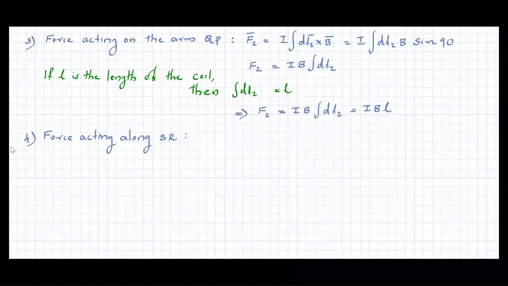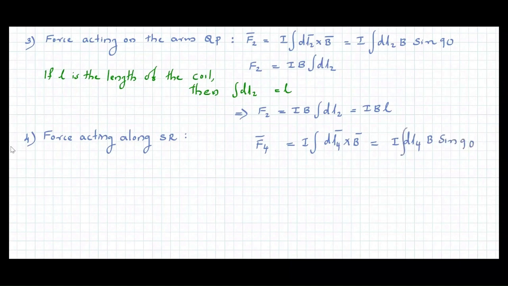Similarly, the force acting along the arm SR can be evaluated. The force acting along SR, let it be F4, is I into integral dl4 cross B. This is equal to I integral dl4 B sine 90, because the angle between dl4 and B is 90 degree.